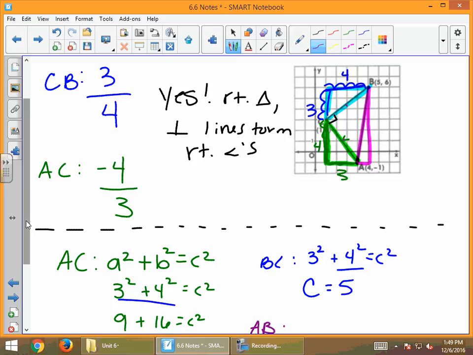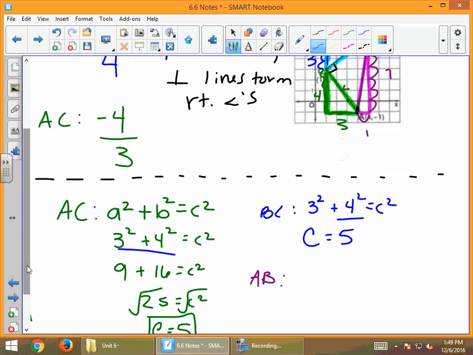Alright, so what is the leg of this one? 1, 2, ... 7. Good. This is 7. What's this guy? 1. So we plug into the Pythagorean theorem. It's going to be 7 squared plus 1 squared equals C squared. What's 7 squared? 1 squared is just 1.